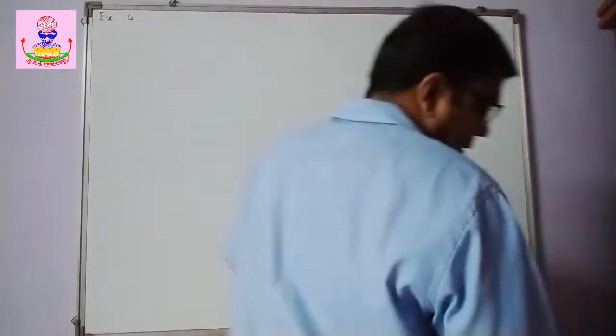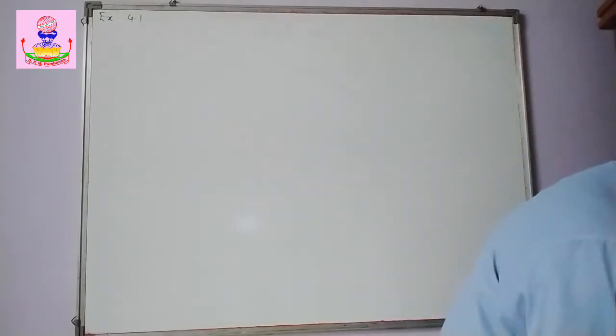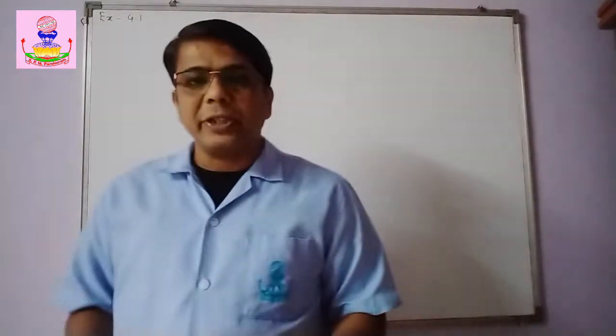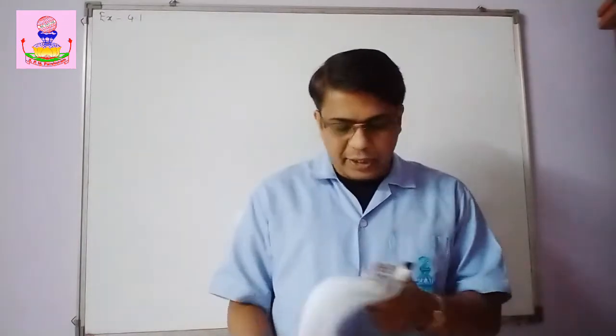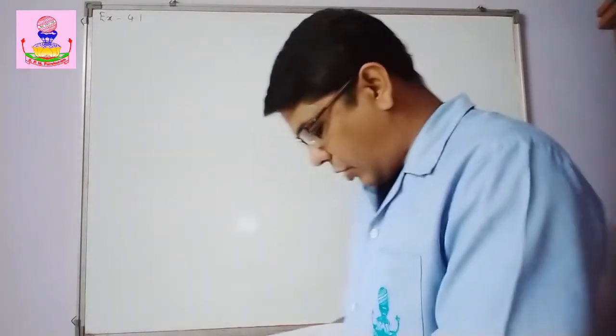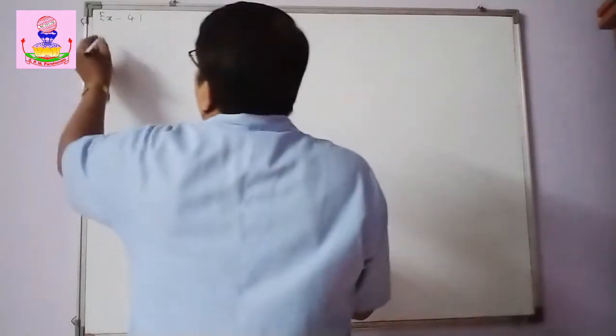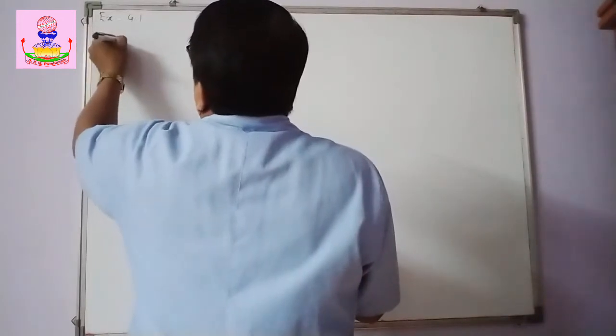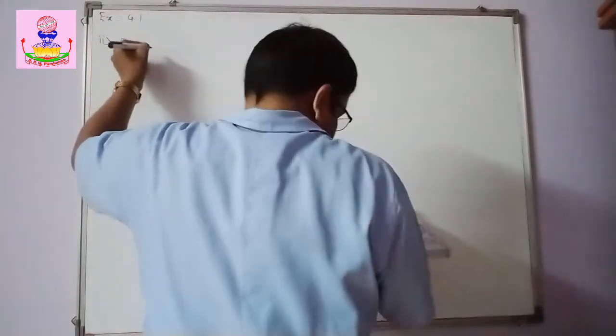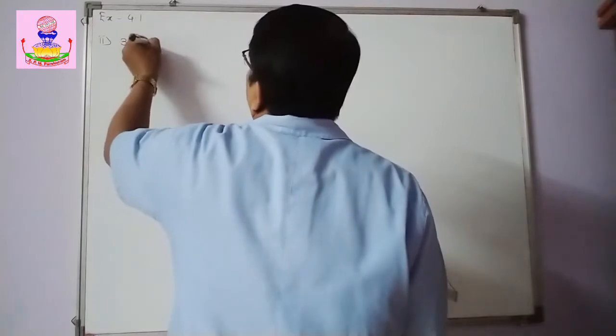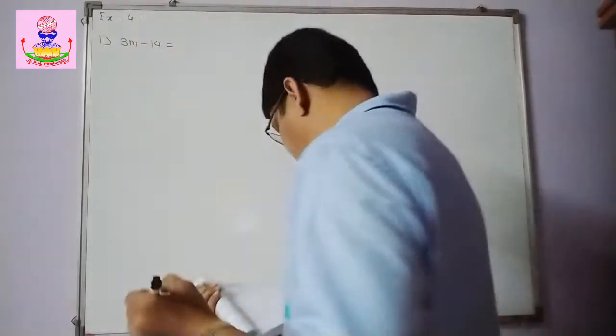Now question 3rd. Solve the following equations by trial and error method. From that, I am going to solve the second one: 3m minus 14 is equal to 4.